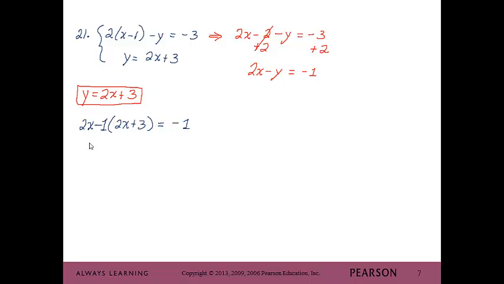Now let's go ahead and distribute the negative 1, so we get 2x minus 2x minus 3 equals negative 1. The 2x minus 2x cancels out, and we're left with negative 3 equals negative 1, which is not true. Therefore, this solution is no solution.